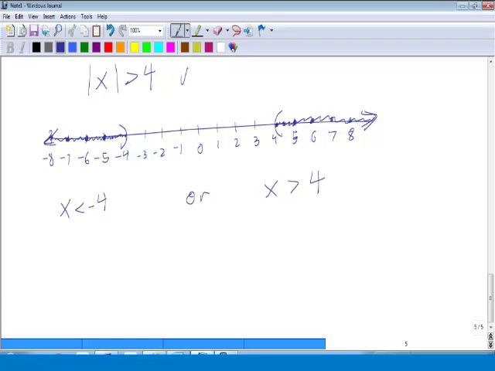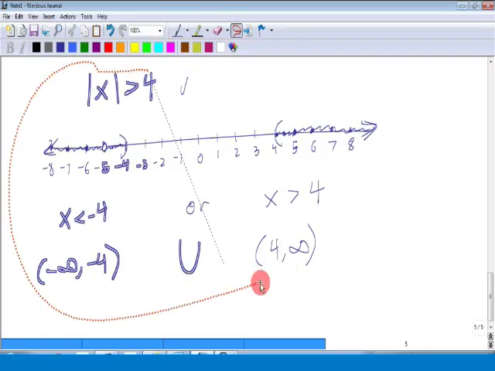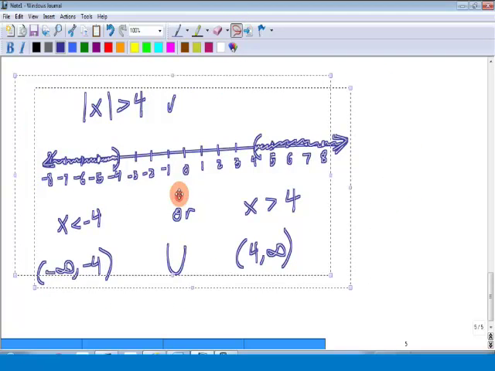We're saying it's everything to the left of this one together with everything to the right of this one, and it just doesn't work well as a 3-part inequality. So it needs to be kept as an or statement like this, and ultimately we would have negative infinity to -4 union 4 to positive infinity, and we'd write that as our final answer. So it just can't be written as a 3-part inequality. What changes if we allow for the or equal to bar?